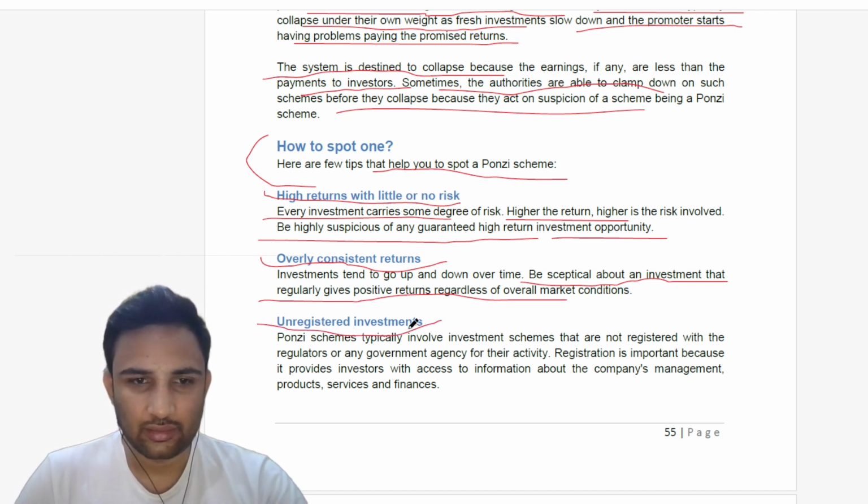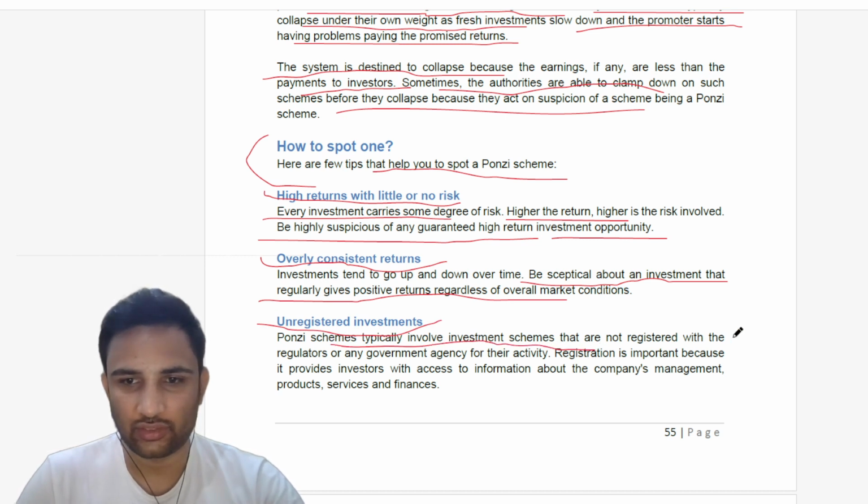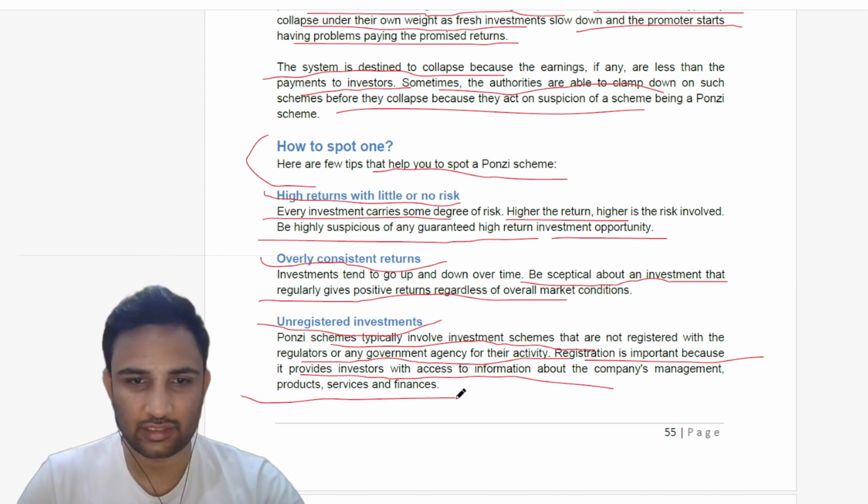Unregistered investments. Ponzi schemes typically involve investment schemes that are not registered with the regulators or any government agency for their activity. Registration is important because it provides investors with access to information about the company's management, products, services, and finances.